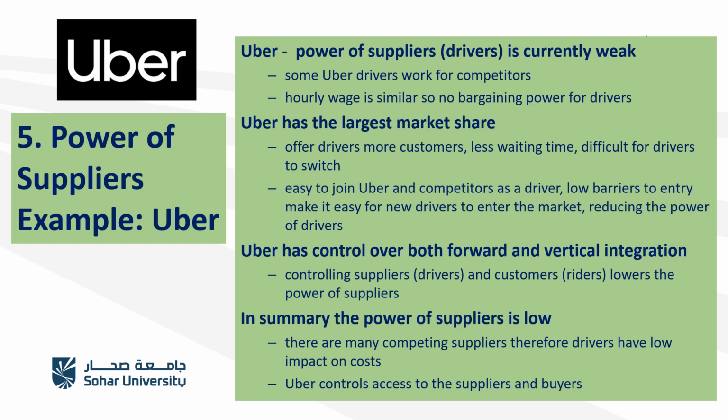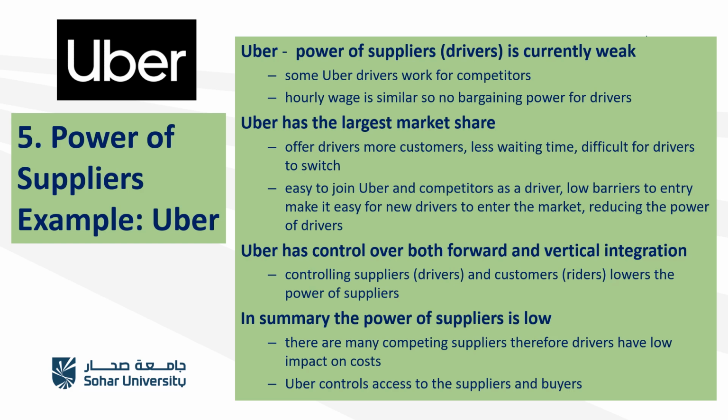Because it's well known worldwide, it offers drivers more customers and less waiting time, and it is difficult for drivers to switch. But it's also easy to join Uber or a competitor as a driver. Low barriers to entry make it easy for new drivers to enter the market, reducing the power of drivers.